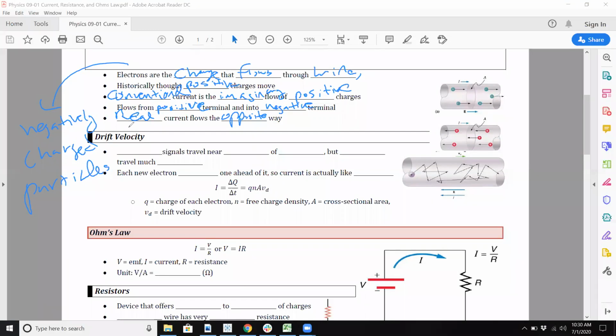Electrical signals travel near the speed of light. So electrons are moving really fast.